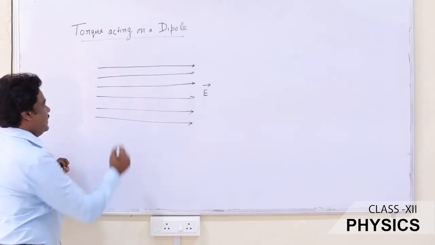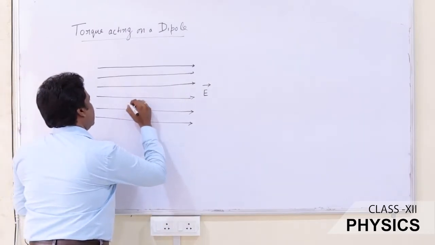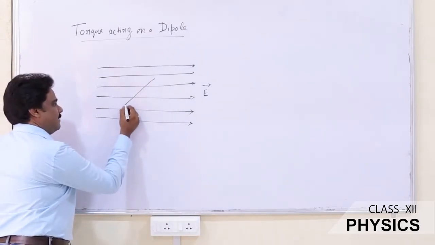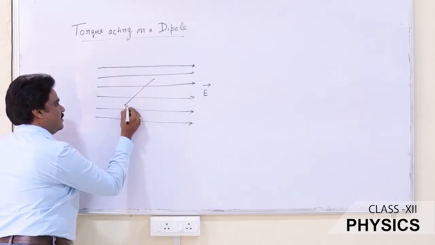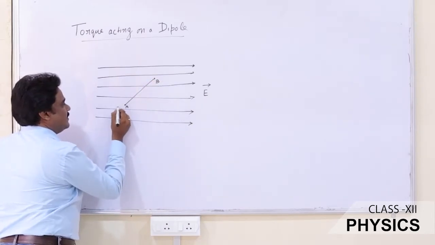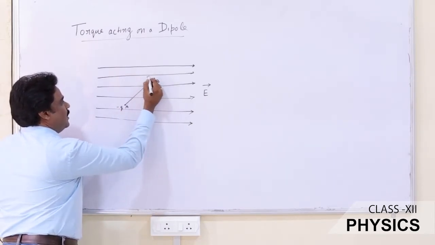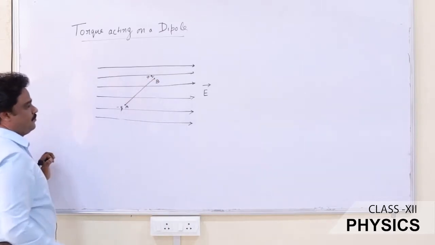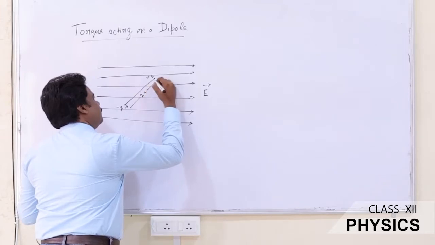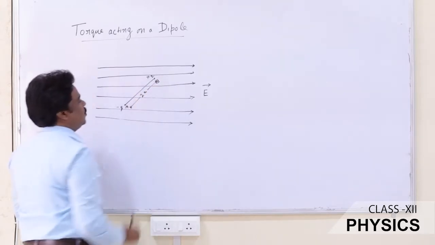In this electric field, I am going to keep a dipole. So you know what is a dipole? The two ends of the dipole are A and B. They are having charges minus Q and plus Q. The length of the dipole is 2A.